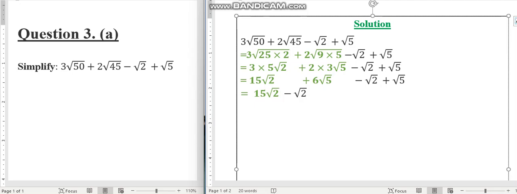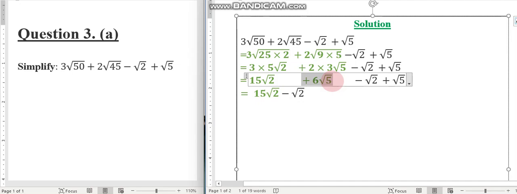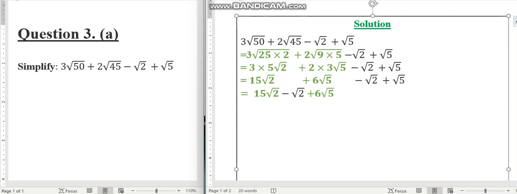That will be grouped with this one, like this. And then the next thing is plus 6 root 5. This will also be grouped with plus root 5, because they are also having a root of 5. So plus root 5, like this.